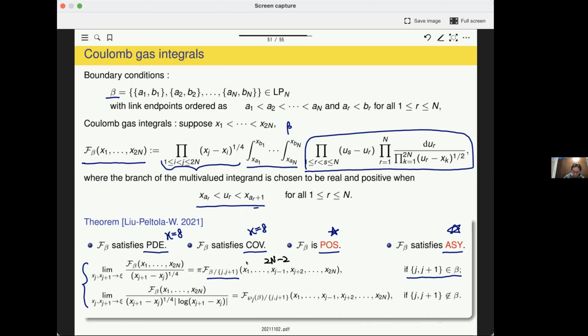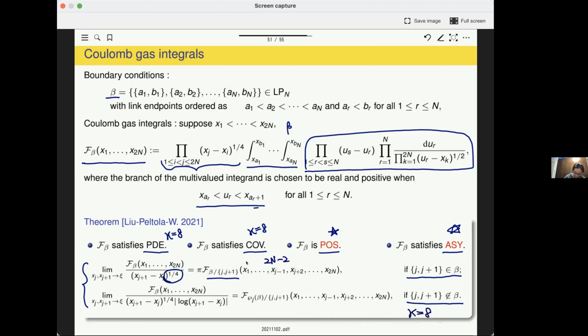And the interesting part comes with the other case, when these two points are not paired together. When kappa is smaller than 8, if we choose the same normalization, the limit will be 0. However, this is no longer true when kappa equals 8.